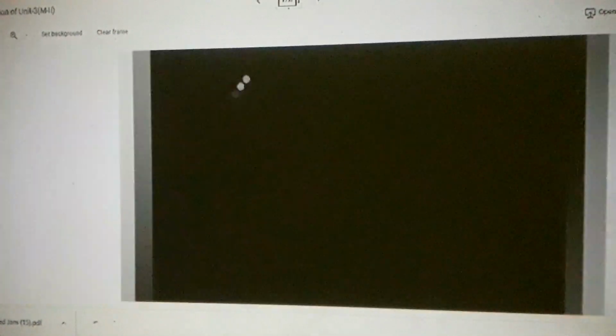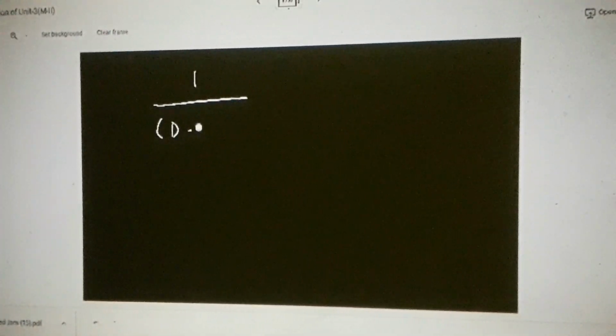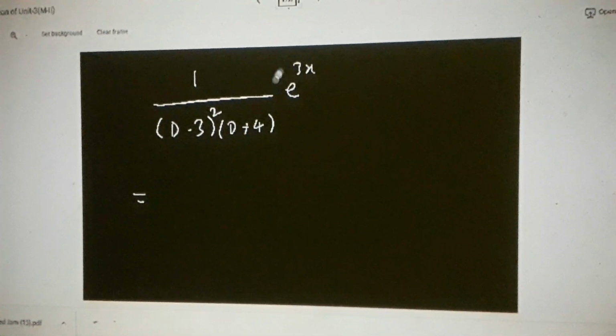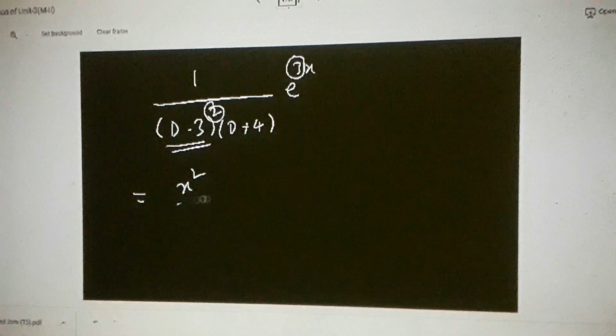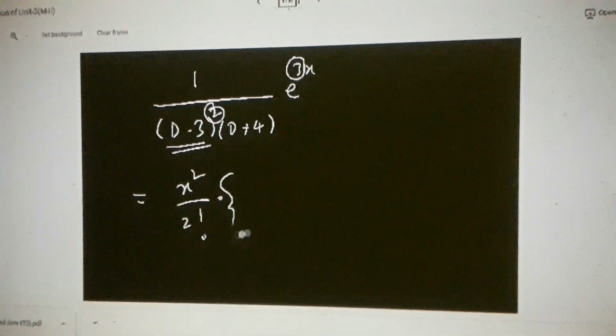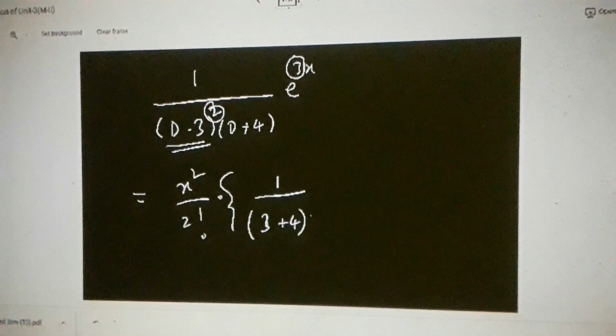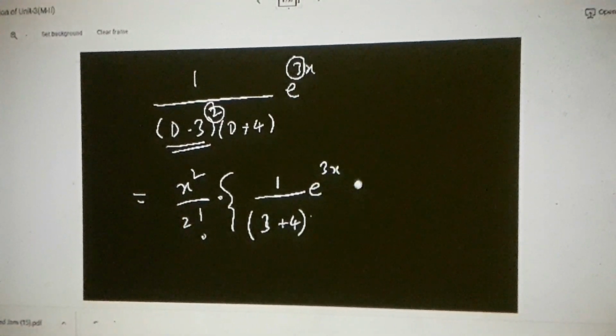Now we will have some small touch about this case. If d minus 3 whole square into d plus 4 is available and e to the power of 3x is the function, then because of this 3 becoming 0 here 2 times, I will multiply x square by 2 factorial, and then I will take up that 3 and deal with the normal case, that is 1 by 3 plus 4, e to the power of 3x as it is.